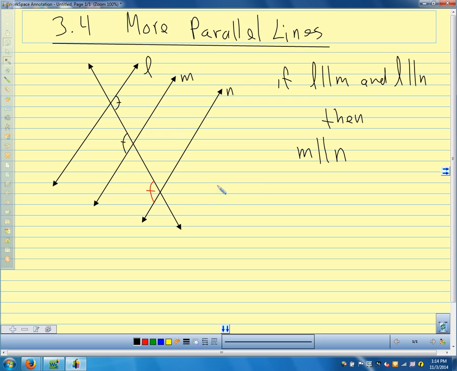And if we said this in words, I would suggest either putting that in the box or putting it to the side. If two lines are parallel to the same line, then they are parallel to each other.